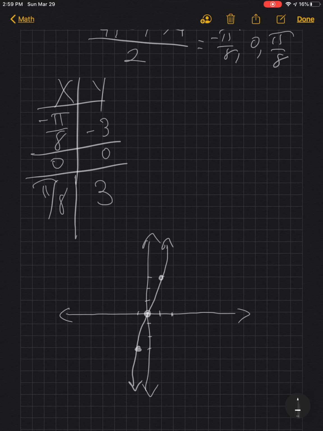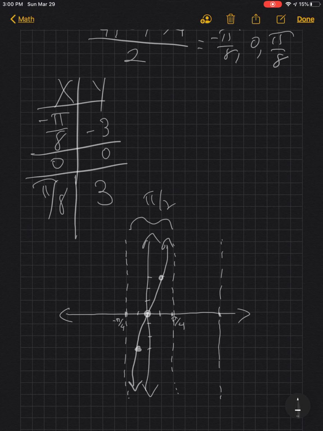And now at our pi over 4, so let's say that's here, we're going to have a vertical asymptote. And right here, at negative pi over 4, we have a vertical asymptote. And as you can see here, the period is not pi anymore, it's pi over 2. And after this, it just keeps repeating. So we're going to do the same thing. We're going to just draw in and sketch another vertical asymptote.